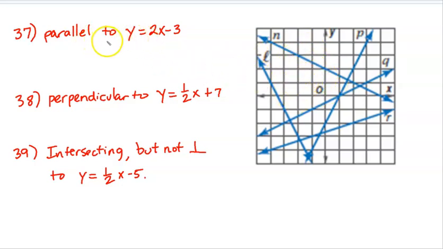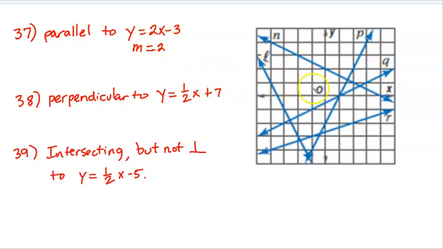On number 37, we want to pick the line, and it looks like there are 5 different lines graphed here. We want to pick the line that would be parallel to y equals 2x minus 3. This line, y equals 2x minus 3, has a slope of 2.